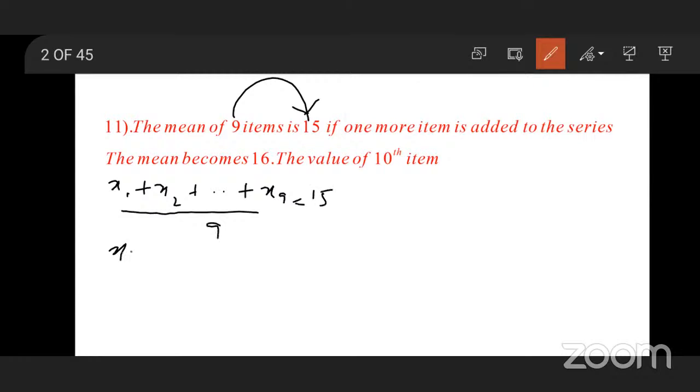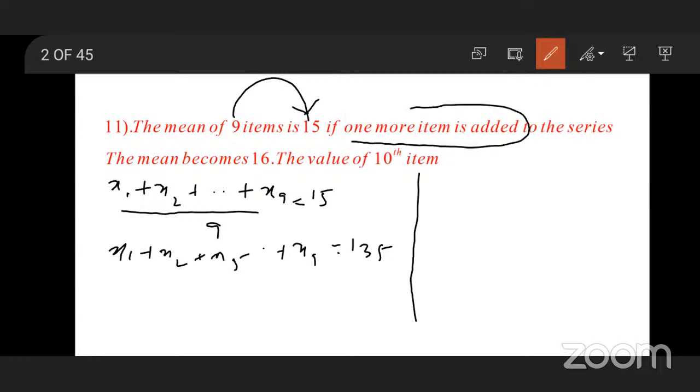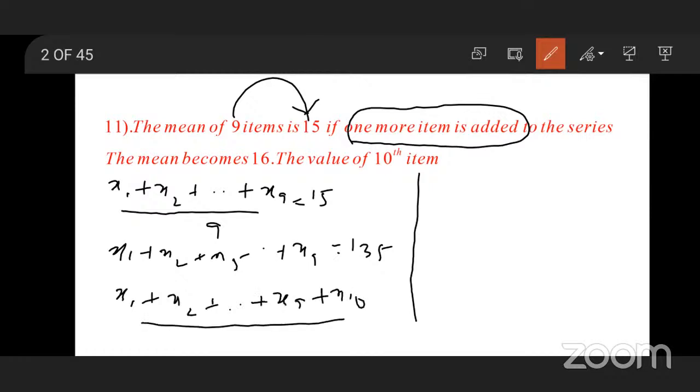Therefore, X1 plus X2 plus X3 up to X9 is 135. Now one more item is added, so we add X10: X1 plus X2 plus so on up to X9 plus X10, divided by 10. Why 10? Because one more item is added.